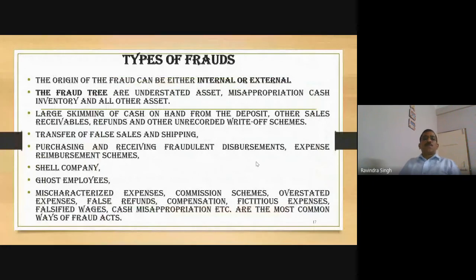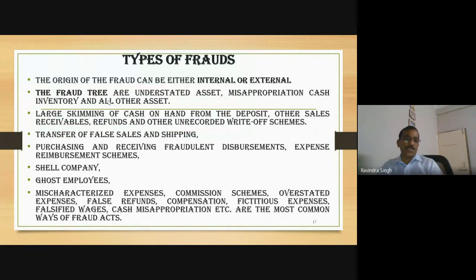The origin of the fraud can be either internal or external. The fraud tree: understated assets. The fraud tree are understated assets.